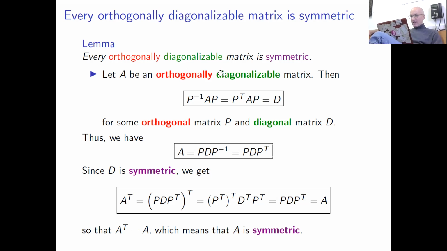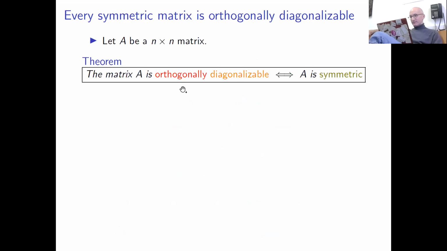Now we want to prove the opposite assertion, which is basically translation of our main theorem into the language of matrices. The matrix is orthogonally diagonalizable if and only if it's symmetric. We already proved one direction of the theorem: if matrix A is orthogonally diagonalizable, it implies it's symmetric.